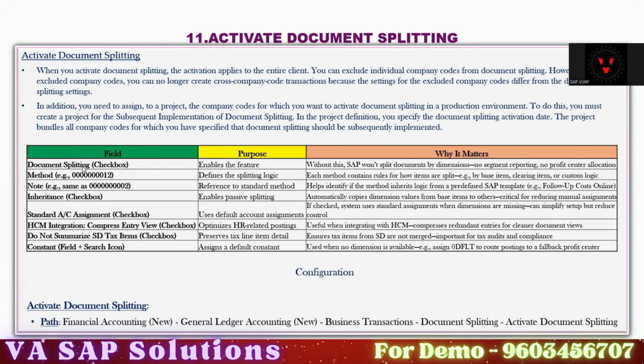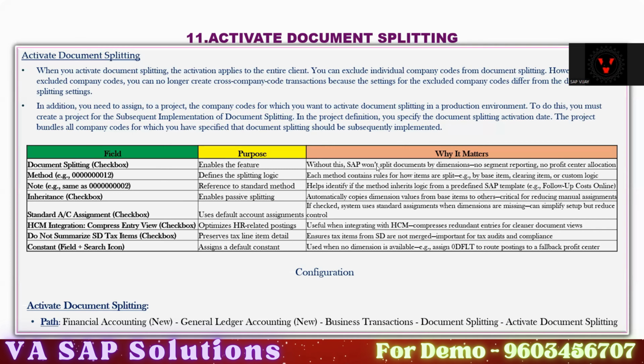The document splitting checkbox: if you select this one, you are informing the system that whatever transactions we are going to post, the system needs to split. If you don't select it, the system won't split documents by dimension, no segment reporting, no profit center allocation.